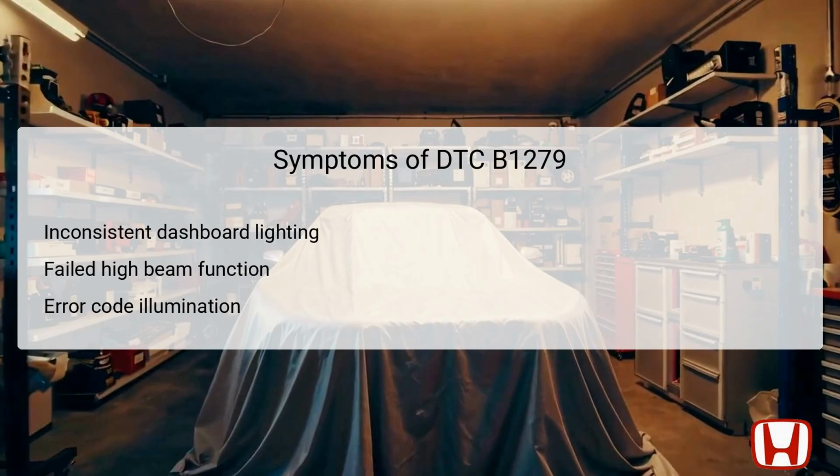Failures in the circuit may lead to unexpected on-off cycling of the dashboard lights, creating confusion for the driver. Observing these symptoms promptly can assist in diagnosing the problem early and preventing further complications. Addressing the issues in a timely manner ensures a safe driving environment and compliance with vehicle lighting regulations.